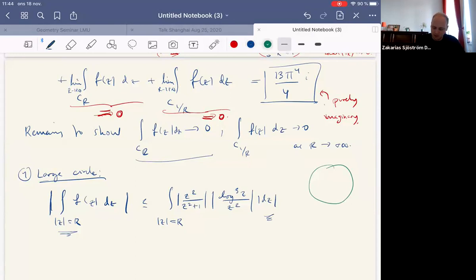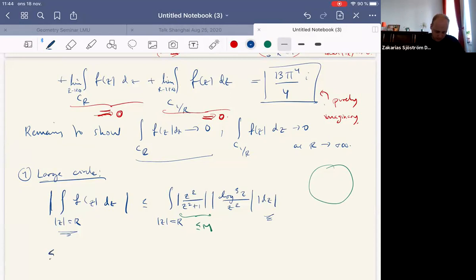And now, what can we say about these things? So the first thing is, what can be said about this term here? This term is actually bounded.